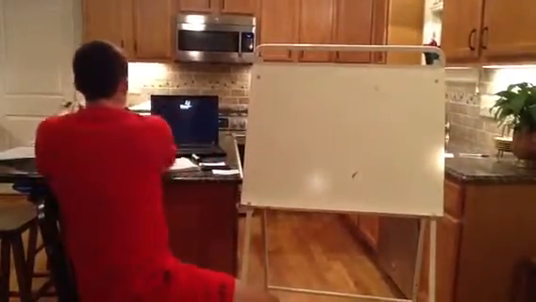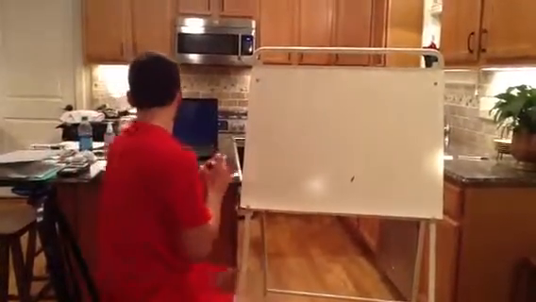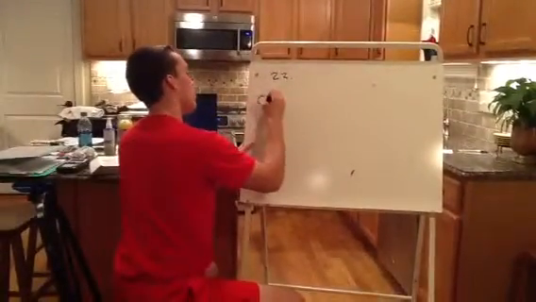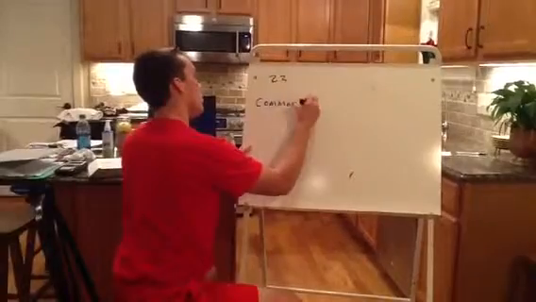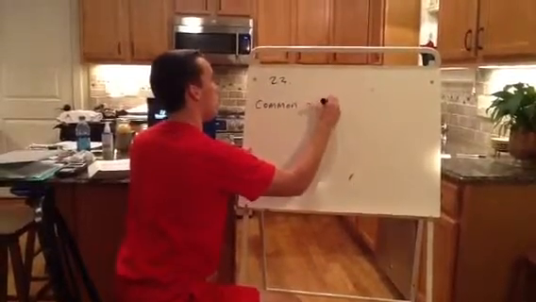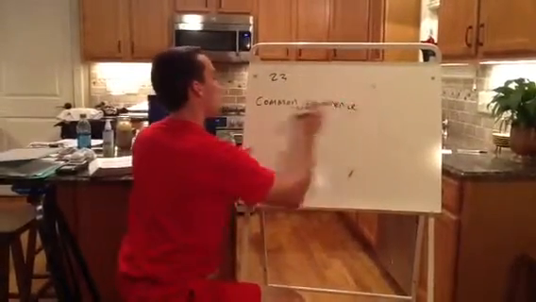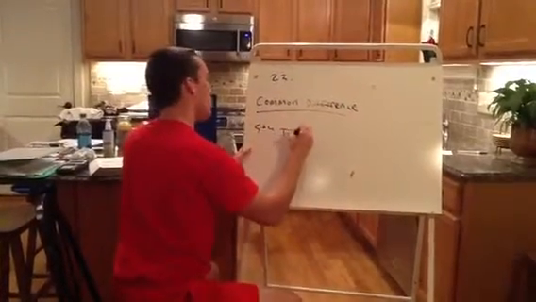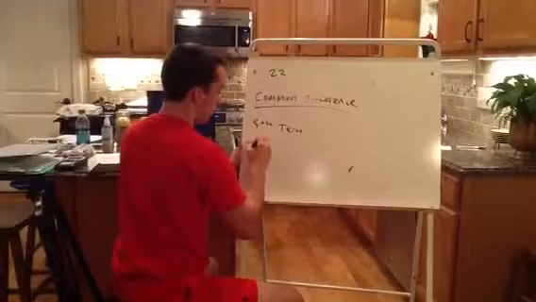And the next one we're going to do is number 23 in the book. And this one's asking for the common difference, the 5th term, and the 100th term.